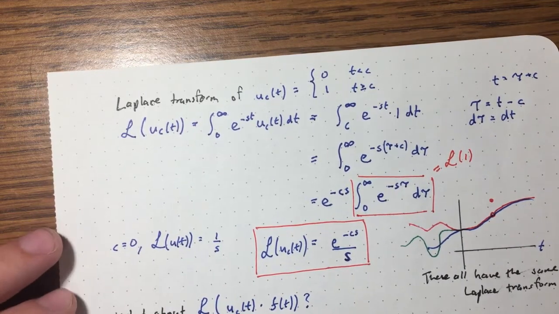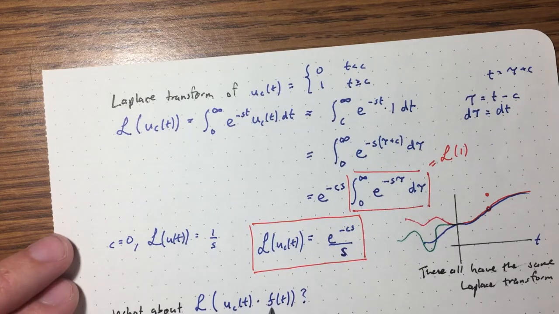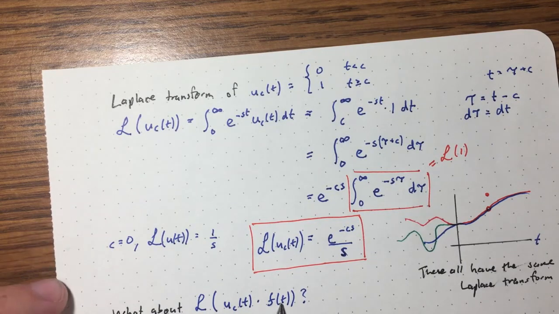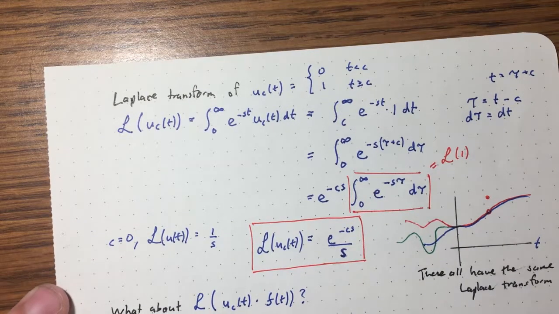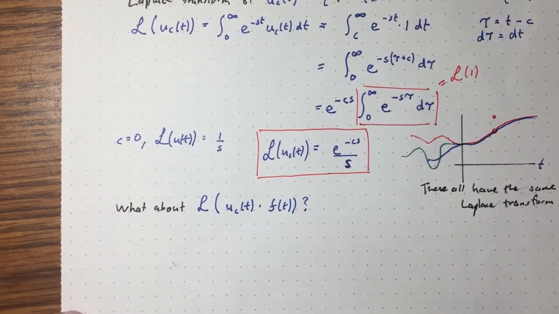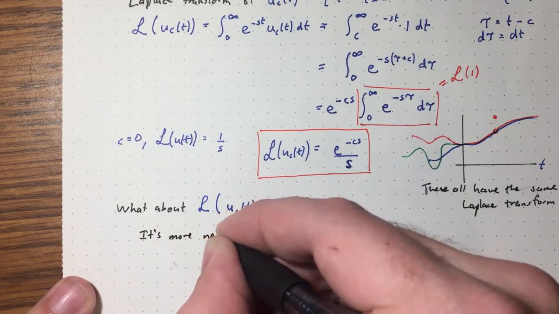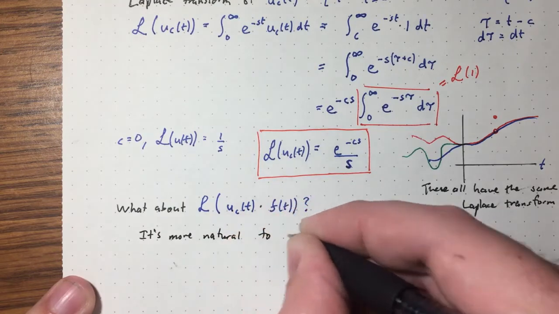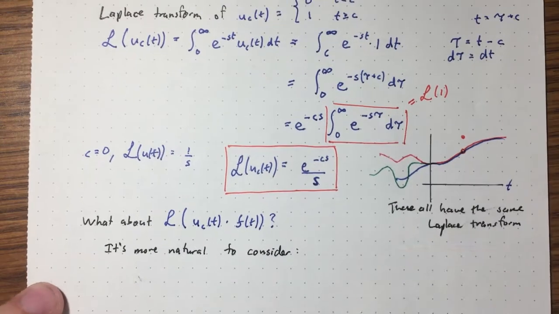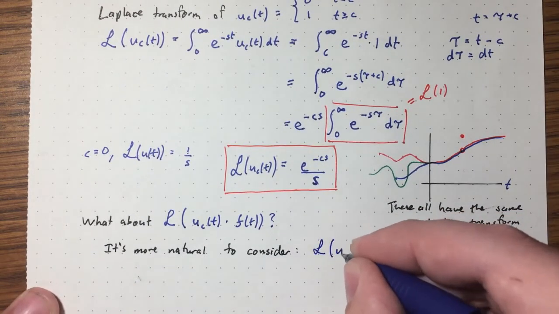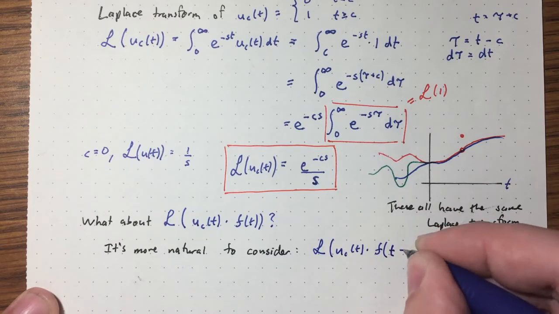It turns out we can't really hope to get anything nice in terms of the Laplace transform of f of t alone, because this is not actually the most natural thing to consider. So it's more natural to consider this: L of uc of t times f of, not f of t, but f of t minus c.